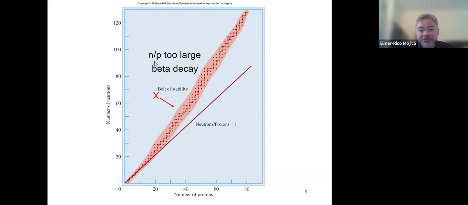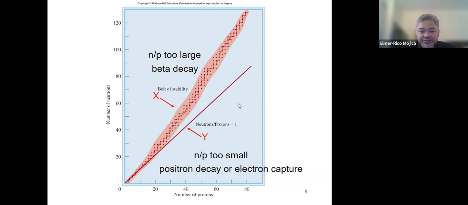When the ratio of neutron to proton is too large, beta decay is the favorable mode of reaction. If the neutron to proton ratio is too small, positron decay or electron capture is what we call favored.